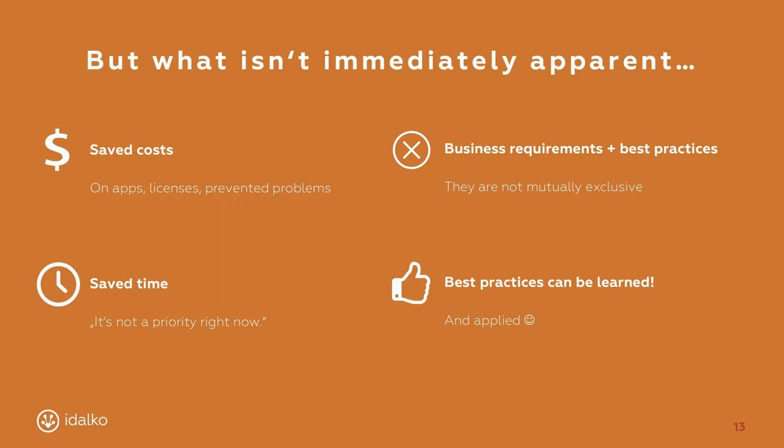And honestly, many intimidating business requirements can actually be implemented using best practices if both sides spend time collaborating and, well, best practices can also be learned. This is one of the goals of this webinar, to introduce you to ways of how you can not only remedy possible troubles or misconfigurations, but also prevent similar problems in the future.